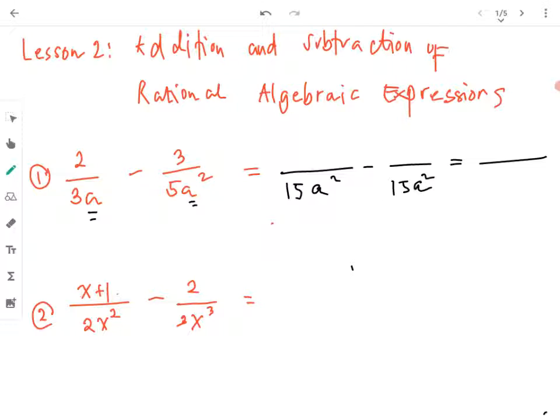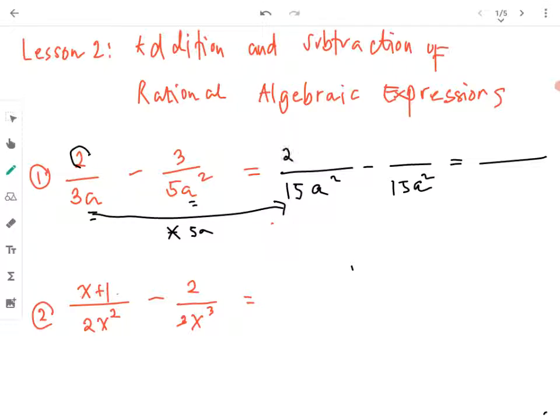Then let's take a look at here. From 3a, it becomes 15a square. So it's like 3a is being multiplied by 5a. Okay? So since 3a is being multiplied by 5a to make it into 15a square, we will multiply this by 5a.